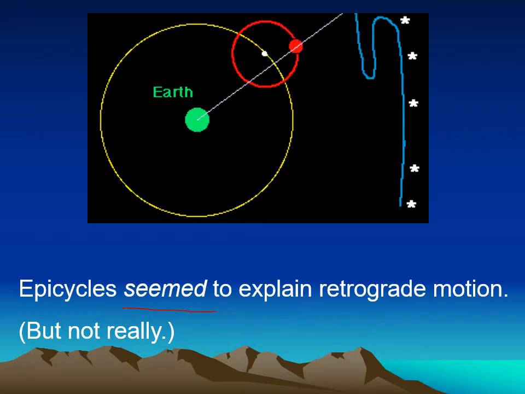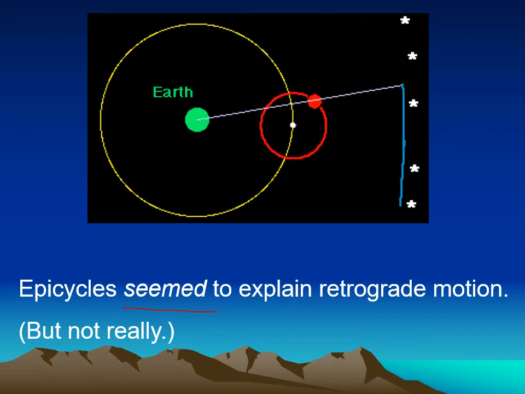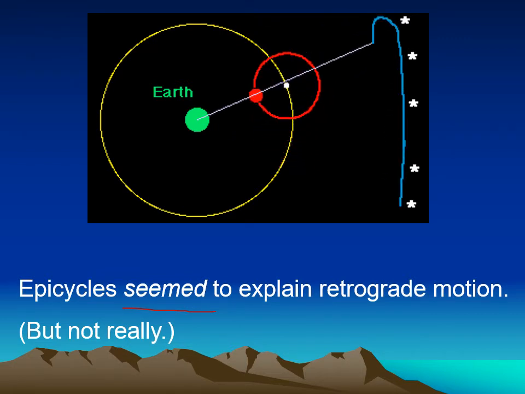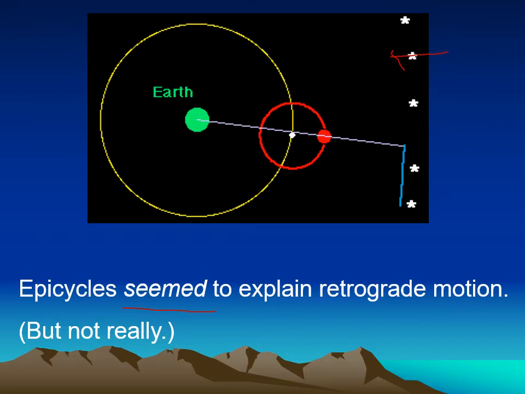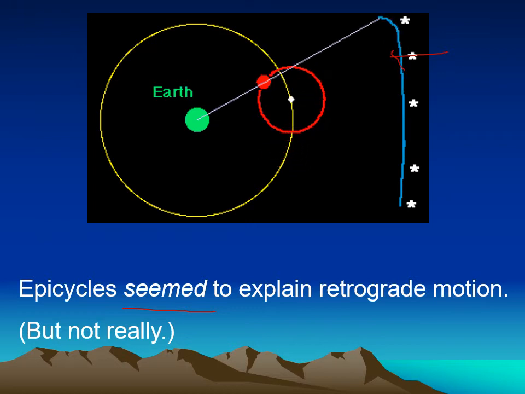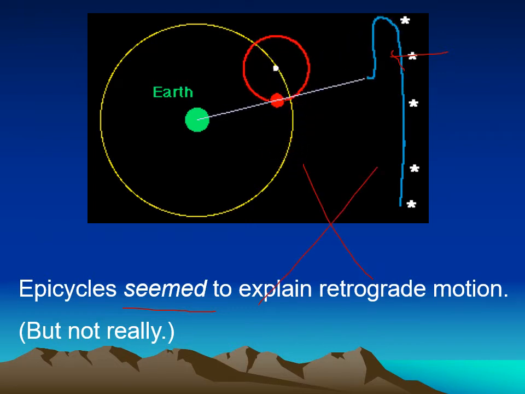Worse, if you use this to calculate, you'd get the wrong spot. So even if it did go backwards in the math, it goes backwards in the wrong spot for the way it does in the sky. So that means this is not the correct explanation.